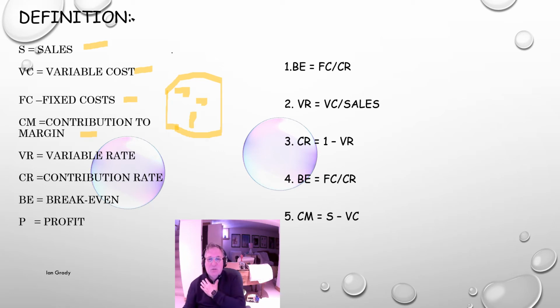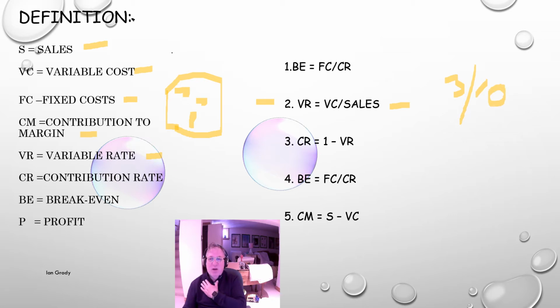So actually here, the variable rate. The variable rate is the variable cost, the food, the beverage, the labor being wages, divided by the sales. So again, I said the cost in the sandwich was $3. We divide that by the sales of $10.